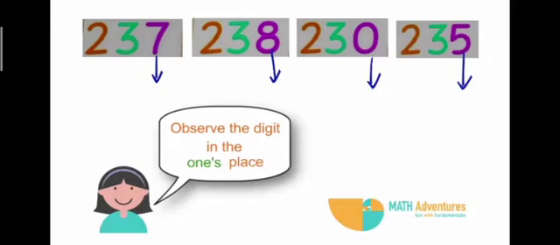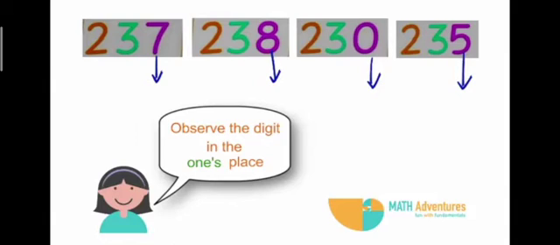Now students, yesterday we arranged these four digits in increasing order, that means from smallest to biggest, because we had to arrange these numbers in ascending order. But today what are we doing? We are arranging these numbers in descending order. So we have to arrange them from biggest to smallest, right?